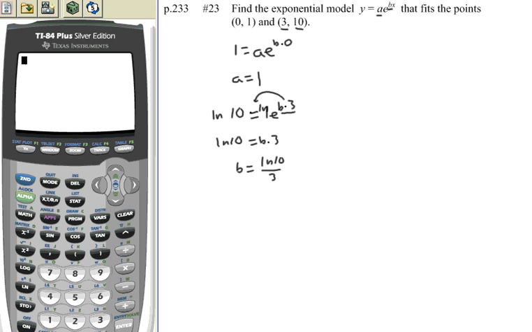Let's use our calculator to get a decimal approximation. So I can type in here the natural log of 10 divided by 3, and I get b is approximately equal to 0.768. Now, careful. That's not my final answer.